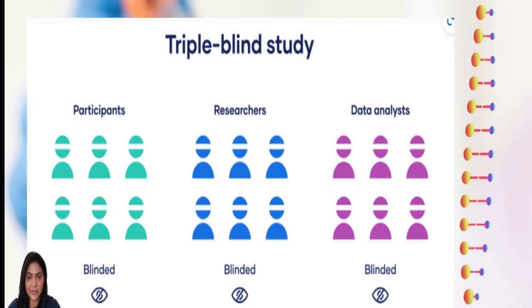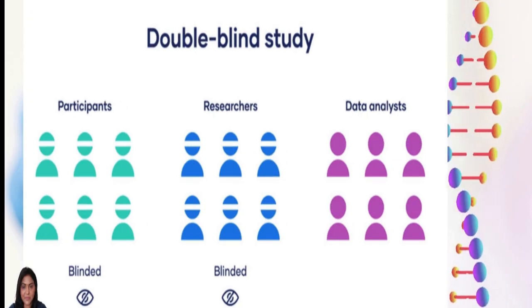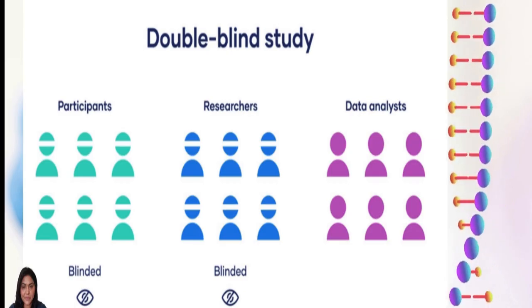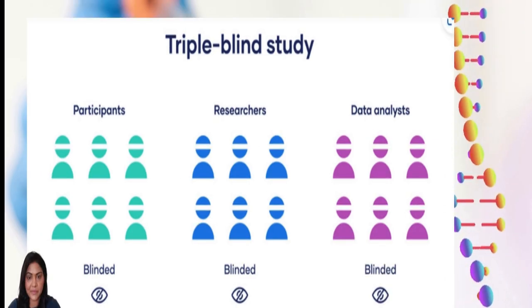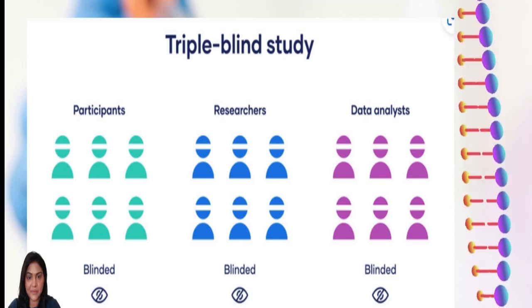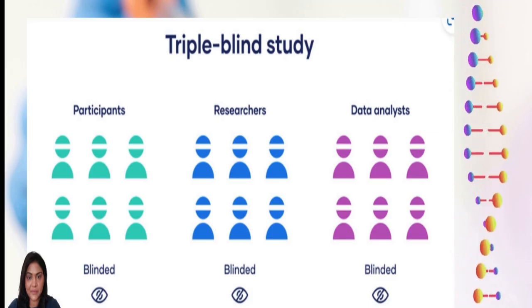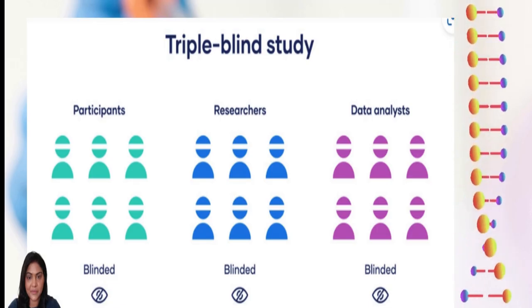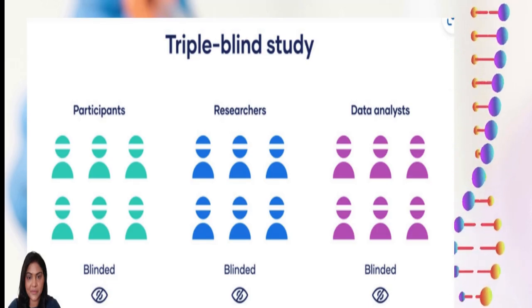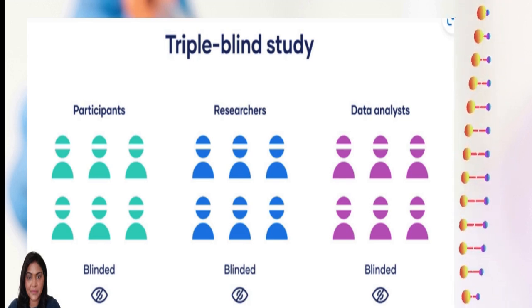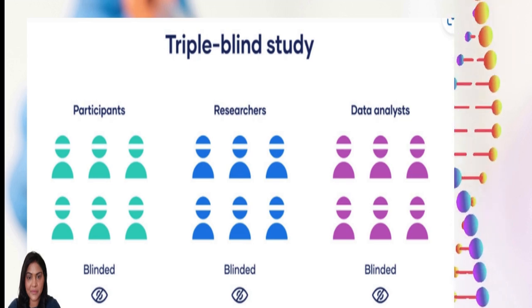So let's see the example. In your vaccine study, you have also recruited an assistant to analyze the data you gather on the infection rates. You decide to hide the group assignment from the participants, the administering team, and the people analyzing the data.